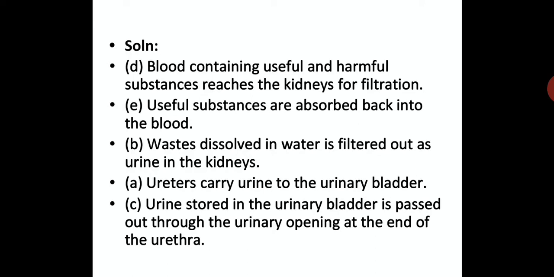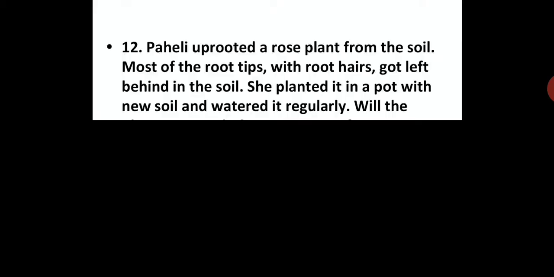So this is the proper order of elimination of excess, unwanted water from the body through the kidney. And this is the proper process which happens in the body. This is how urine is expelled out from the body. I hope this order is very clear with you.